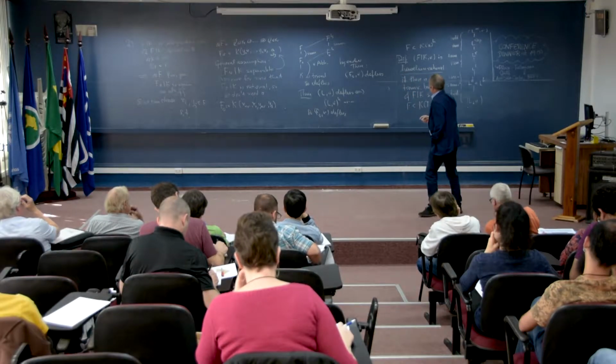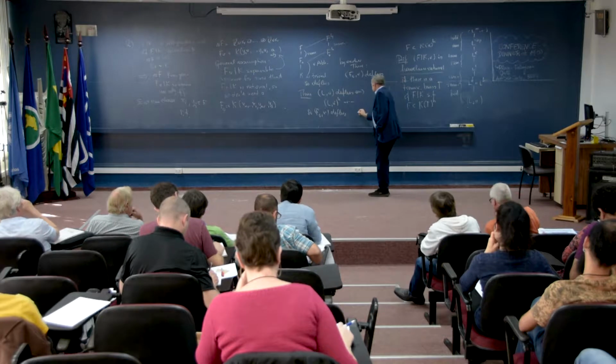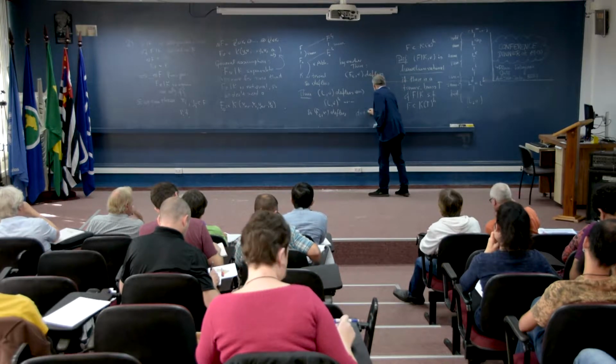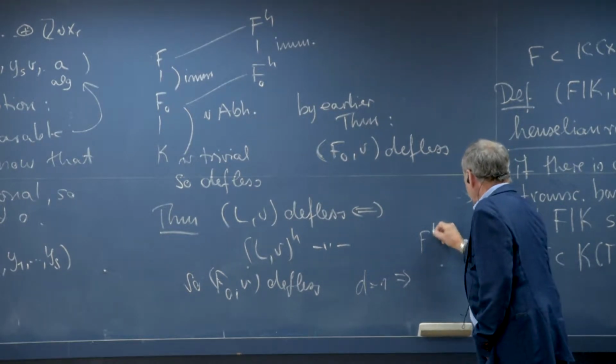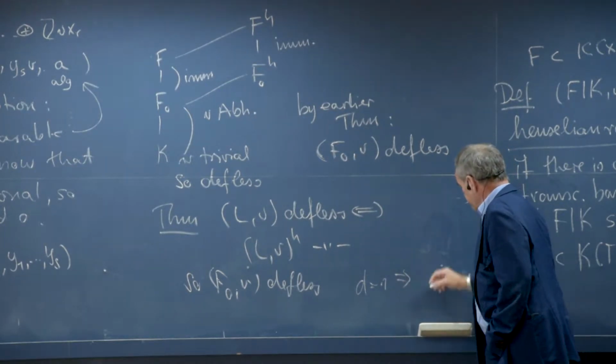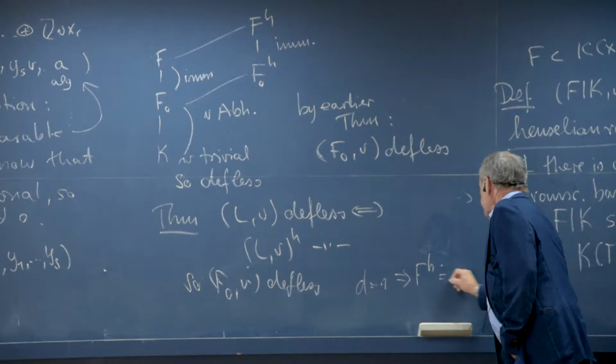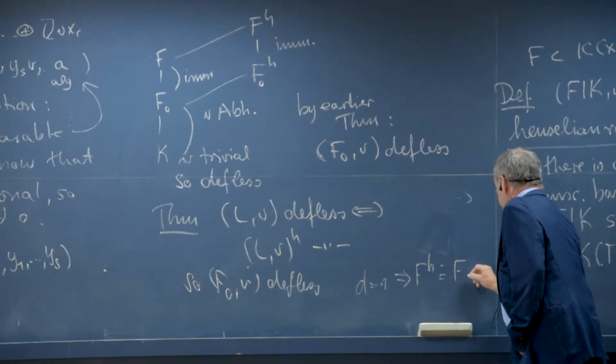So we also have d is 1, which gives us that FH, why do I write it here, FH is F0H.